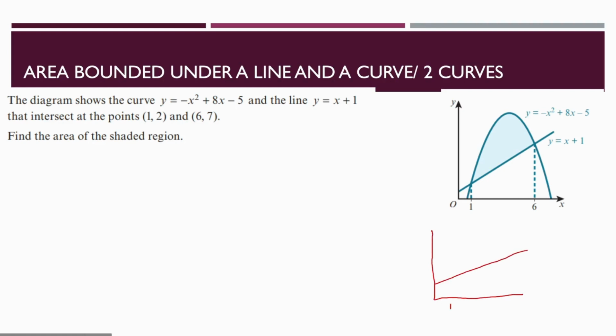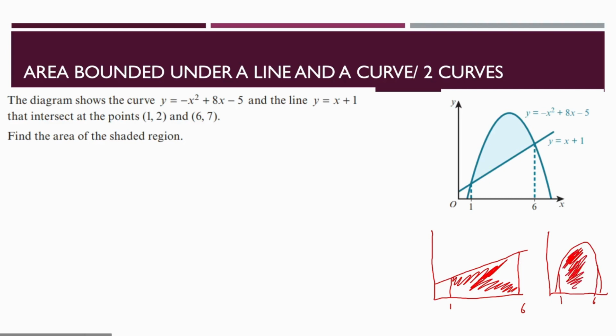So you can see the line goes like this. Let's say this is 1 and this is 6. So this is going to be the area of the line. This is how much area the line is going to cover. And for the curve, it's something like this. This is how much area the curve is going to cover.